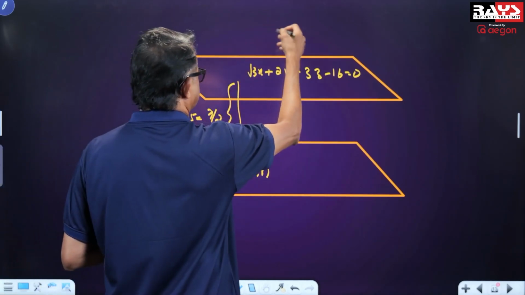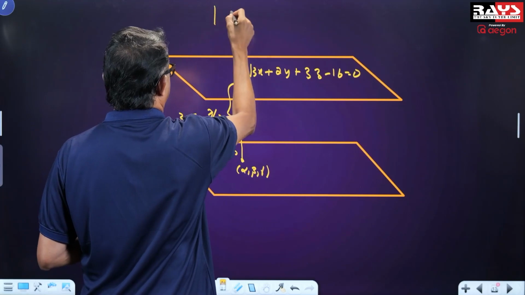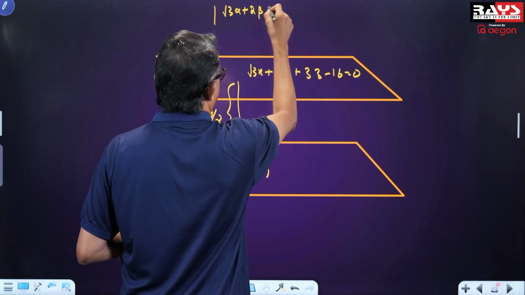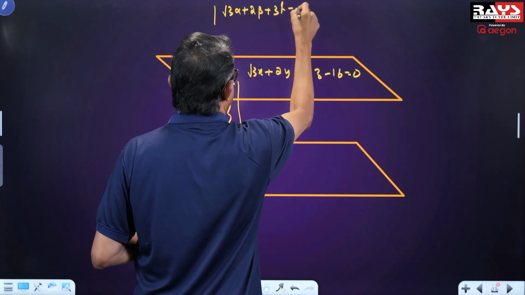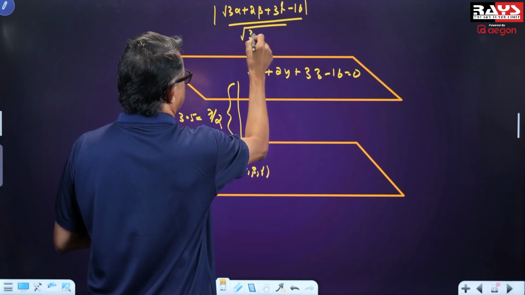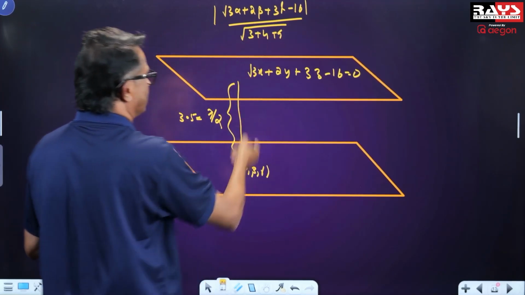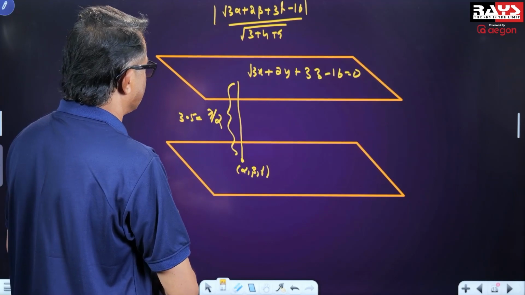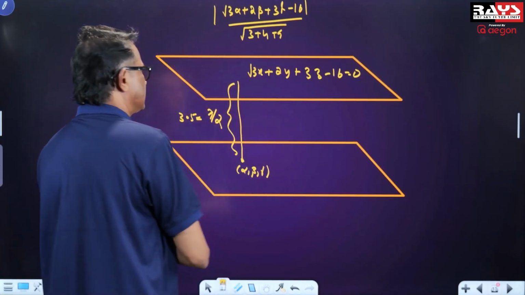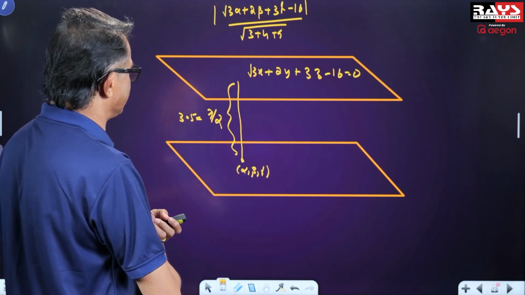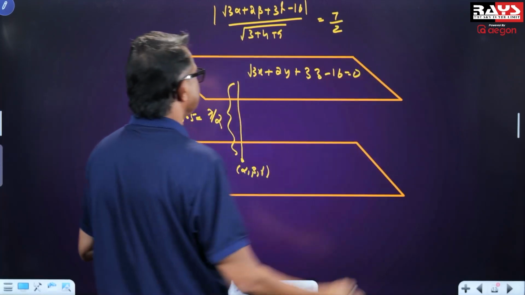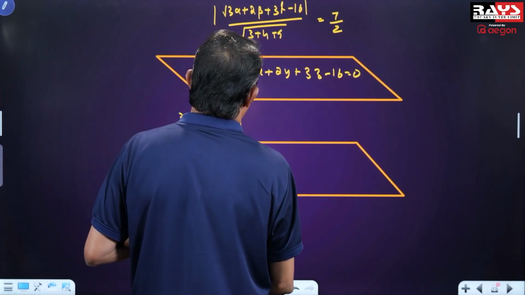The distance is given by modulus of root 3 alpha plus 2 beta plus 3 gamma minus 16, by root of 3 plus 4 plus 9. That is 16, root of 16, which is 4. That is equal to 7 by 2.